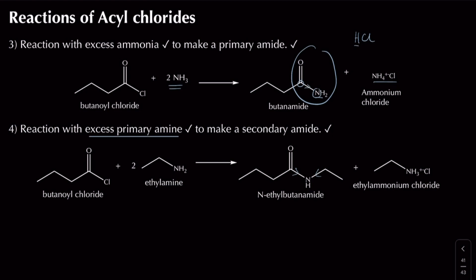Now, an amine is basically a derivative of ammonia, where you've got one of the hydrogens swapped out for an alkyl group. In this case, you've got ethylamine, and you've got two lots. One lot, of course, to actually form the secondary amide, which you can see we've got over here, N-ethyl butanamide, and then another lot to actually deal with the HCl that's being produced, so we don't end up protonating our amide again.